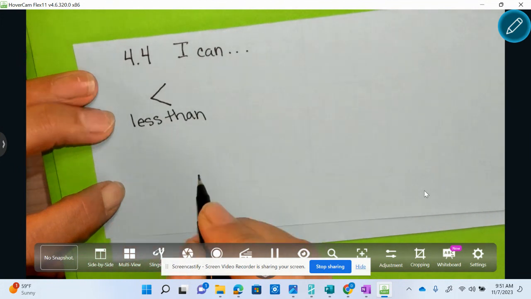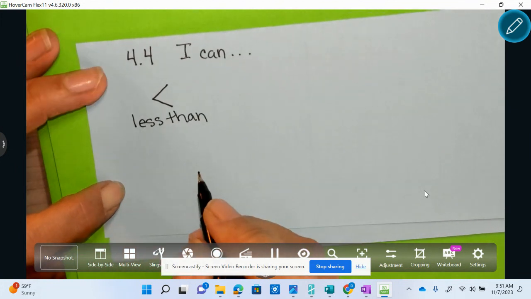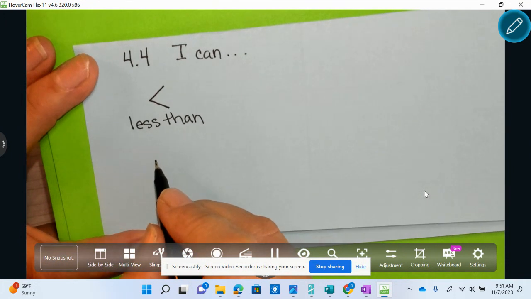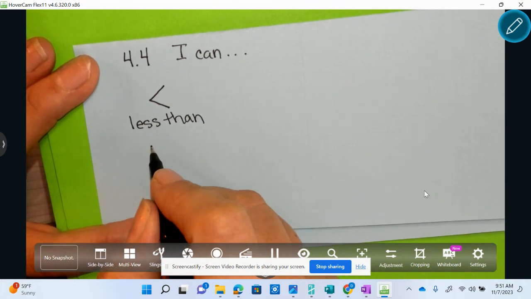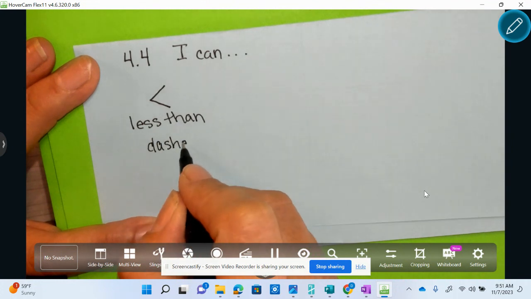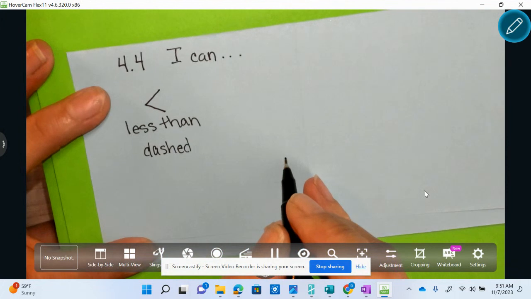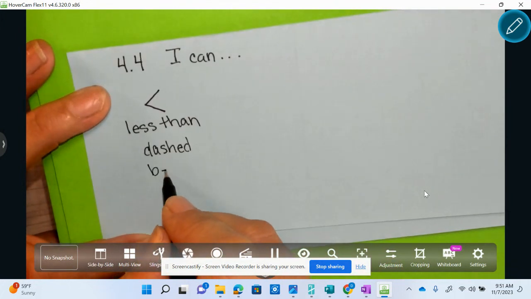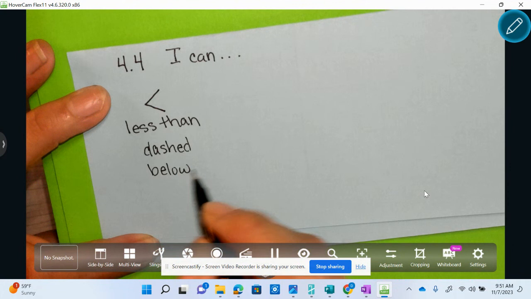So that means that my line, for my linear inequality, my line is going to be what? Solid or dashed? Dashed line. And am I going to shade above or below? Below.